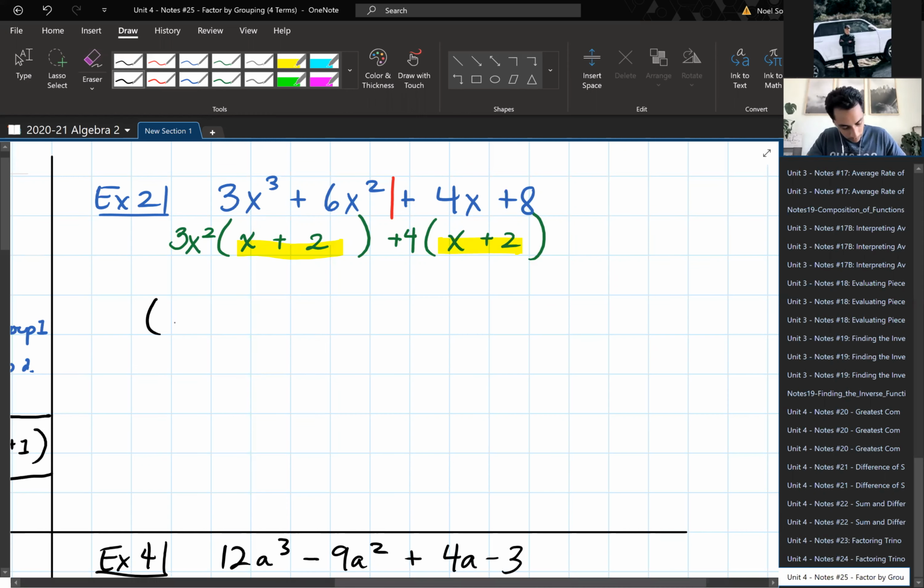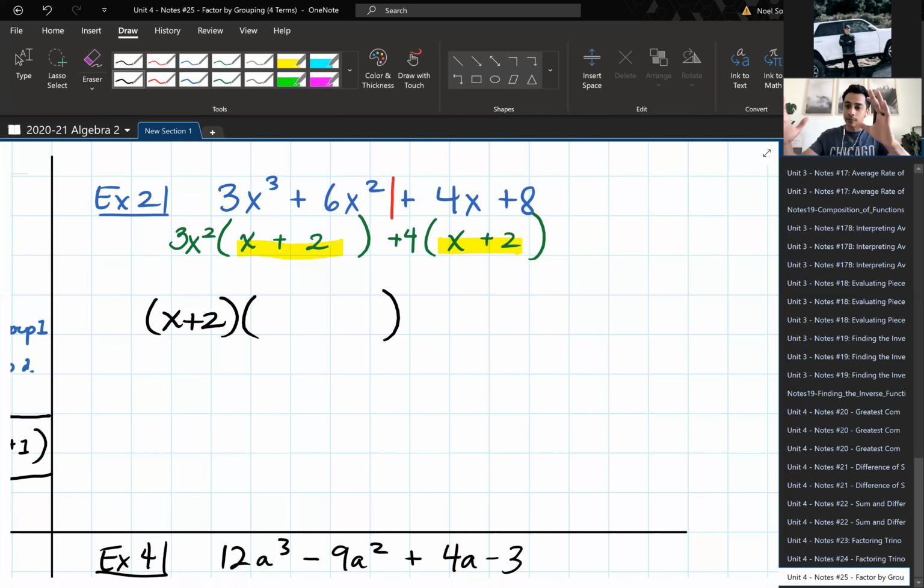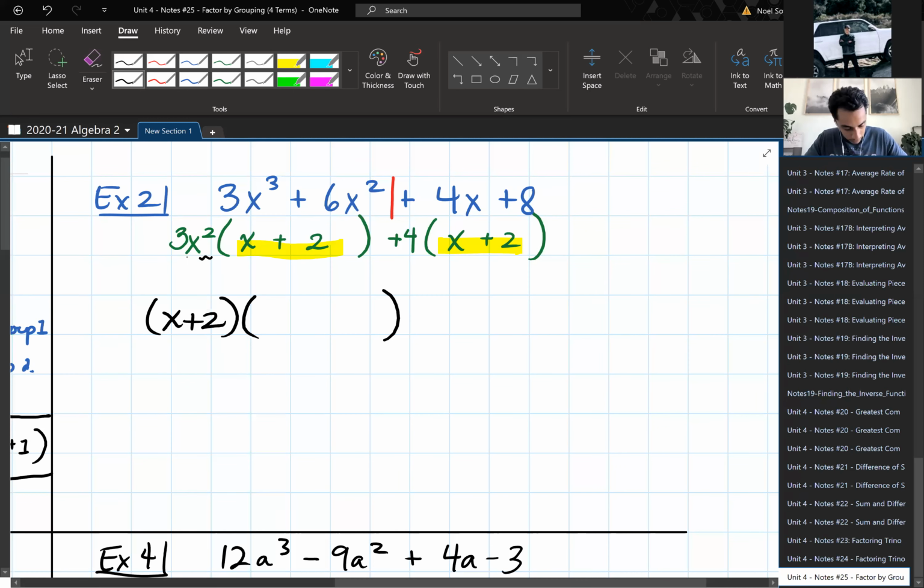Yeah, the new GCF is x plus 2. So then the leftovers, they get plugged into the last set of parentheses. All right, so what should my second factor say? Correct, right?